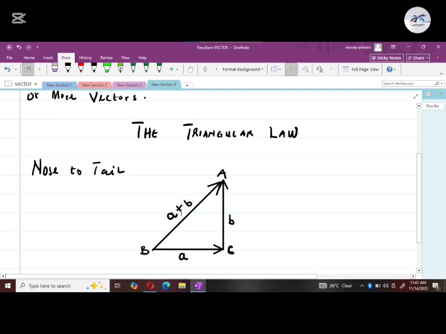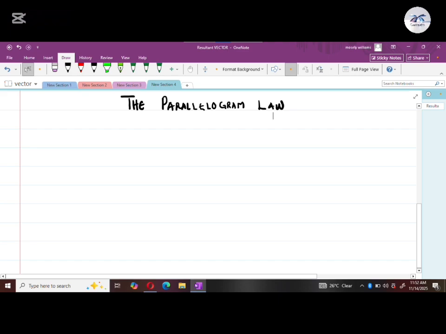Now, let's see the second method, which is the parallelogram law of vector addition. You will observe that the placement of the two vectors in the triangular law of vector addition was from head to tail.